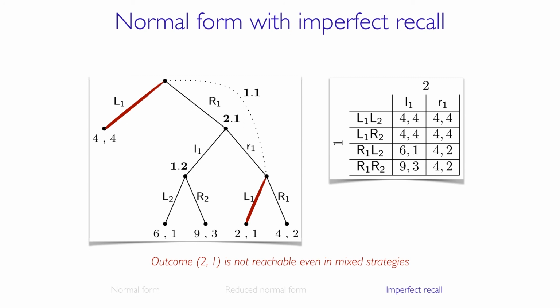Indeed, any plan specifying uppercase L1 for player 1 leads to the outcome 4-4. Any plan for player 1 specifying uppercase R1 does not allow the players to reach the outcome with payoff 2-1. This is because player 1 is forced to play the same action in both decision nodes of information set 1.1.